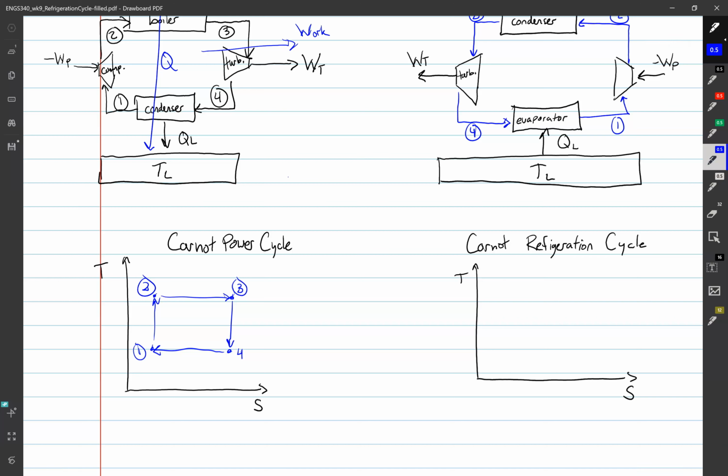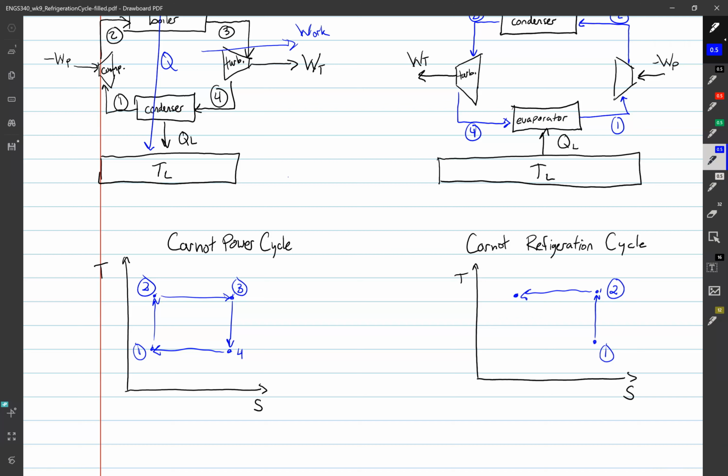It's really defined by the high and low temps. And as we might expect, our reverse Carnot, or our Carnot refrigeration, also looks like a box. We start here at the outlet of the evaporator, go through our pump, up to high pressure, high entropy. Then we go through our condenser.